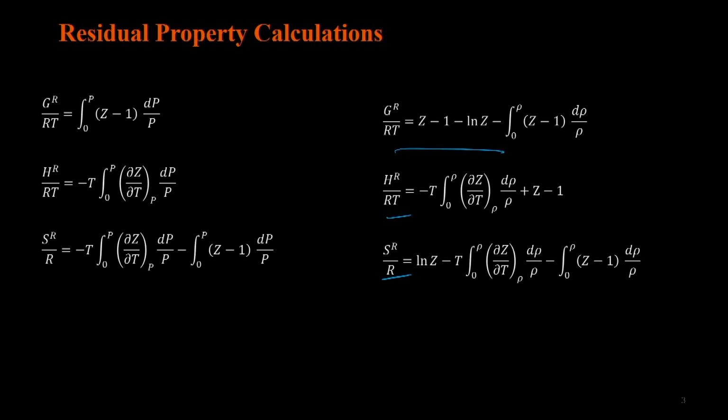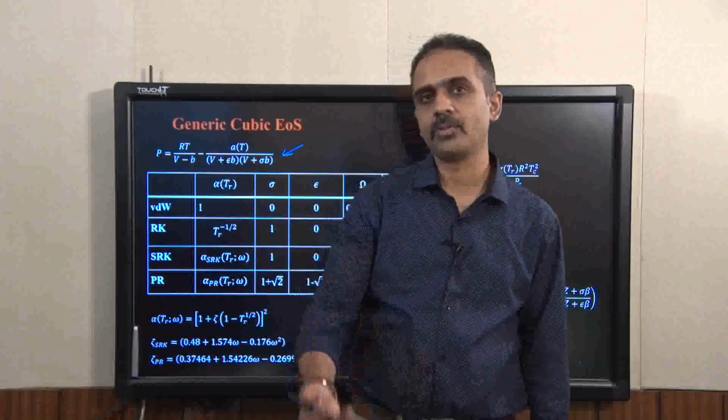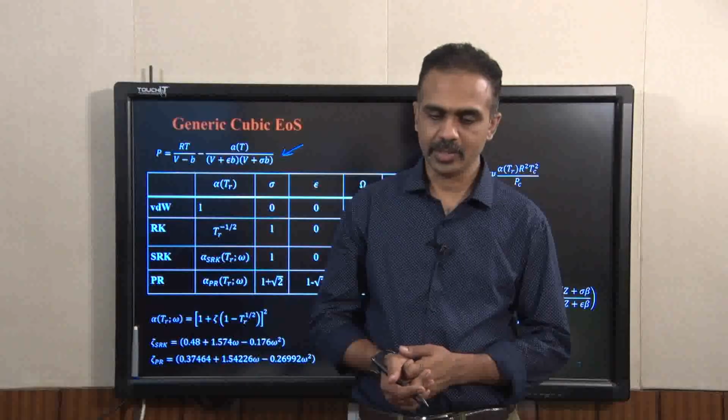If you look at the right hand side, there is the compressibility factor and then integrals in terms of density. In the generic form, if you recall, we have expressed the cubic equation of state via this expression. This is a general cubic equation of state. The expressions for A, epsilon, and sigma determine what type of cubic equation of state we have. We looked at 4 different cubic equations earlier.